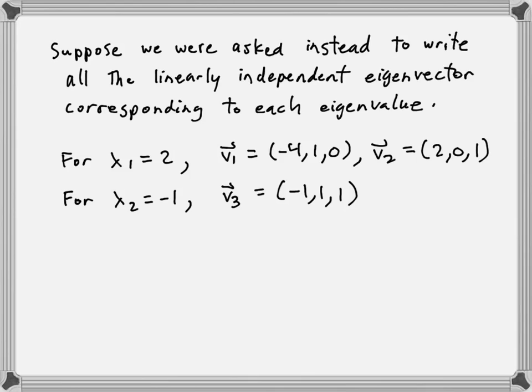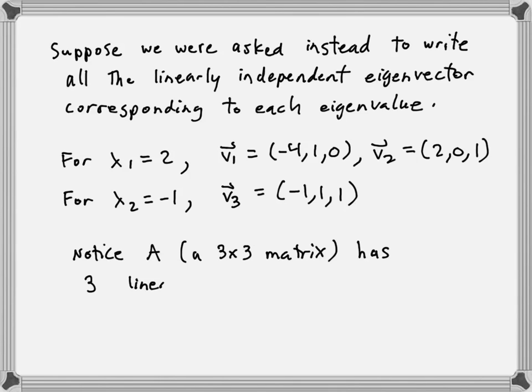Notice that A, which was a 3 by 3 matrix, has 3 linearly independent eigenvectors.